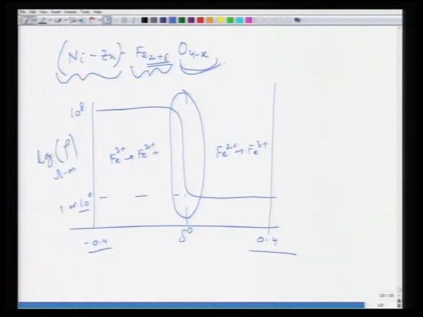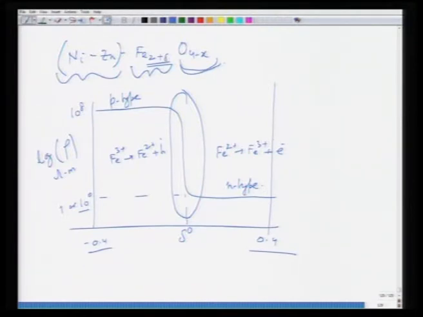So, in this case it becomes your p type, and here it becomes n type, and of course oxygen vacancies also play an important role. So, here you give rise to what is called a hole, and here you give rise to what is called an electron, and they change the conductivity of these materials.